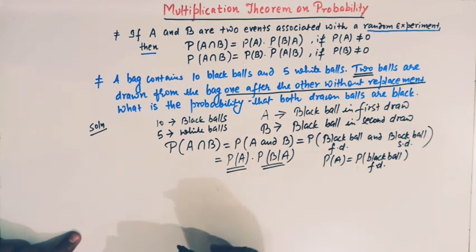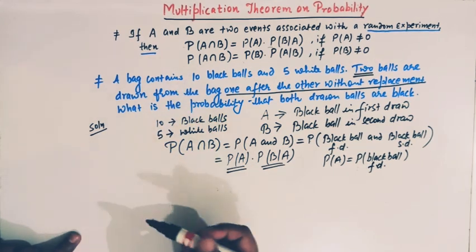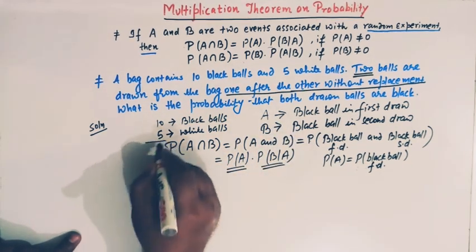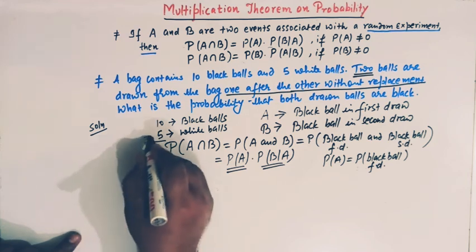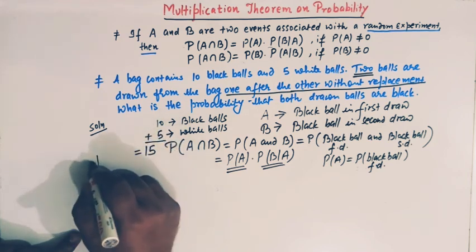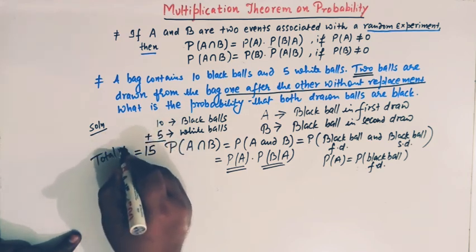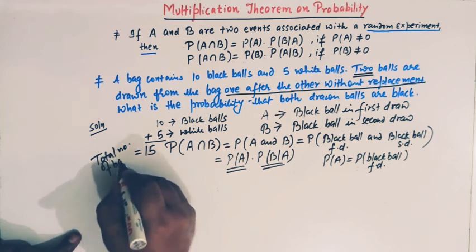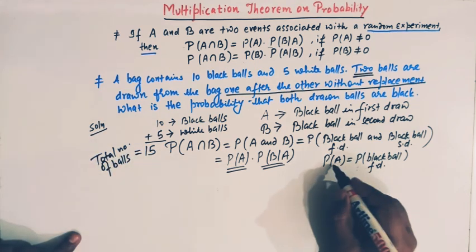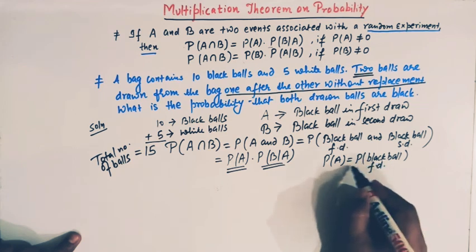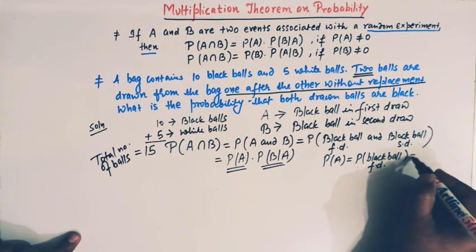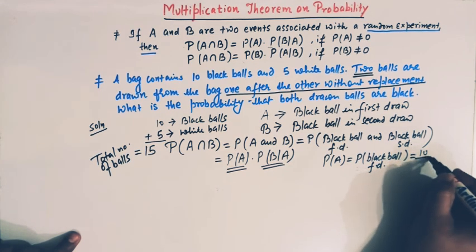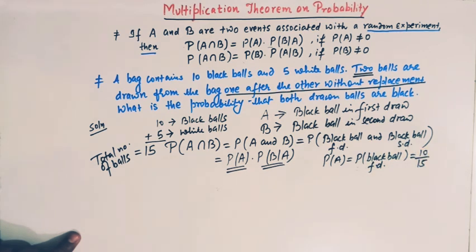So in the first draw we'll have 10 black balls and the total balls are 15, right? 10 plus 5, 15. This is the total number of balls, right? So the probability of getting a black ball in the first draw is 10 over 15, right?